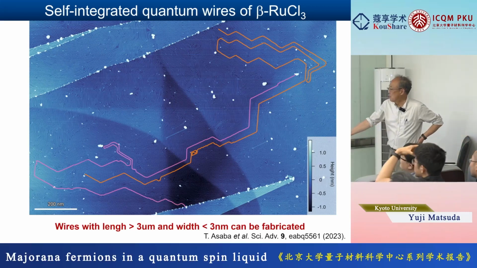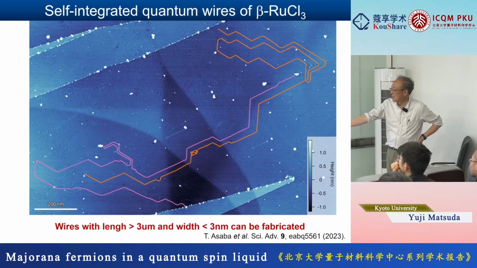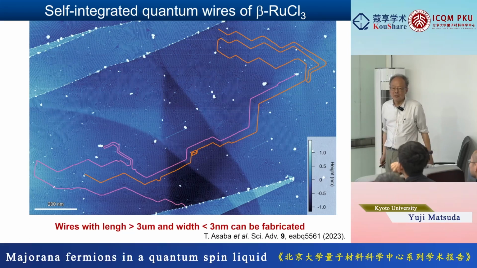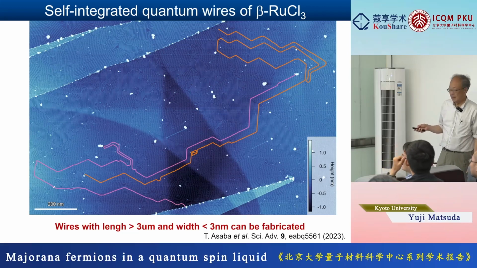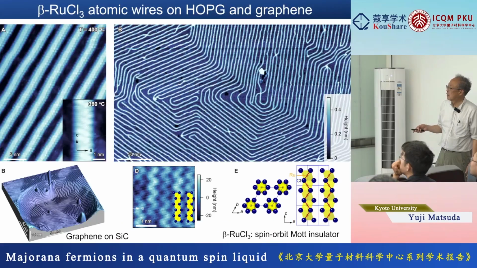The wire width is less than 3 nanometers, but the length is more than 3 micrometers. Recently we found the length is more than 10 micrometers. This is really a nanowire.